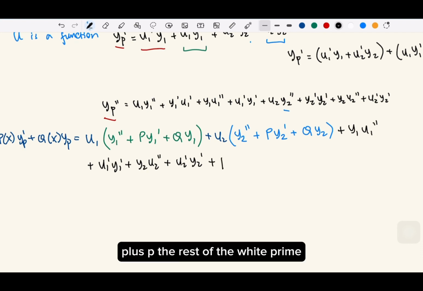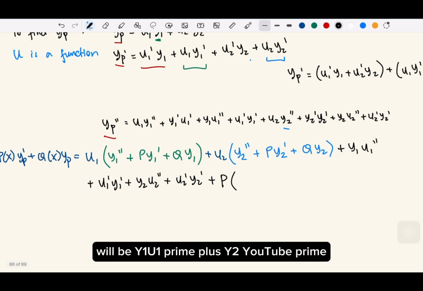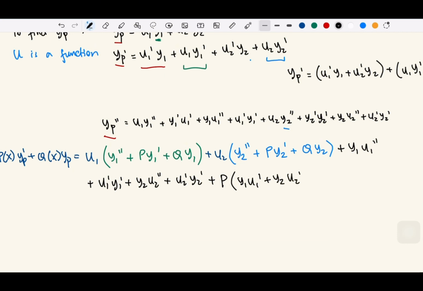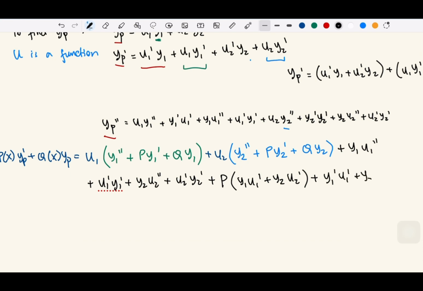Plus p times the rest of the y prime terms, y1 u1 prime plus y2 u2 prime, and then the remaining terms at the end are plus y1 prime u1 prime plus y2 prime u2 prime.